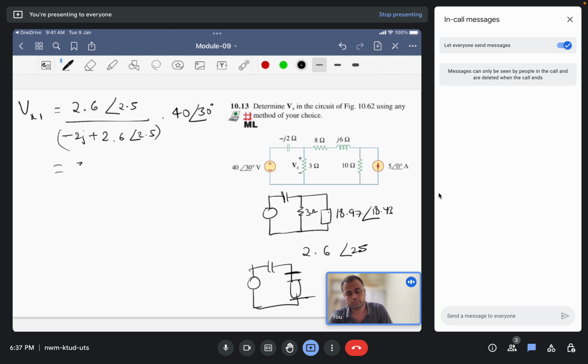So this comes out 32.4 angle 68.5. So this is Vx1.